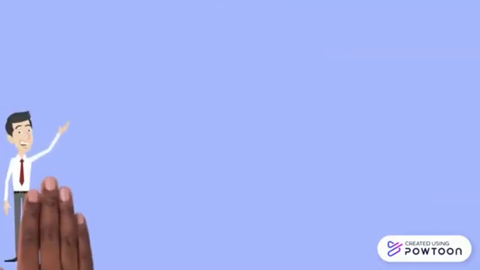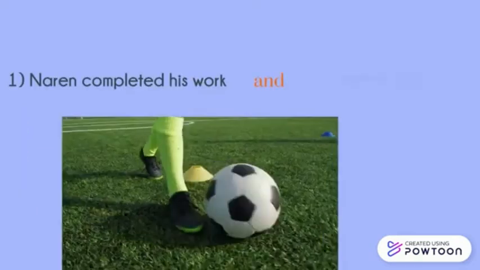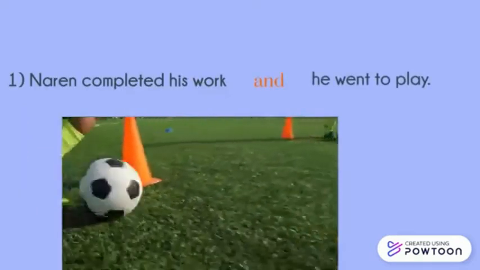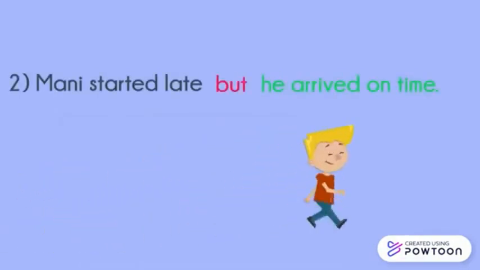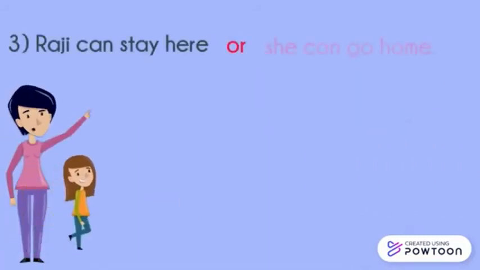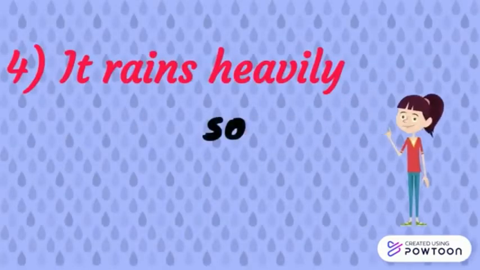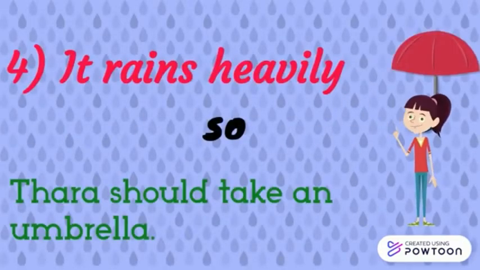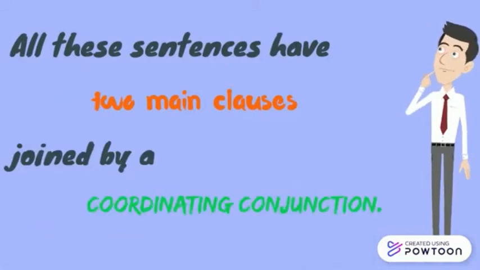Let us read the following sentences to understand the use of these conjunctions. All these sentences have two main clauses joined by a coordinating conjunction.